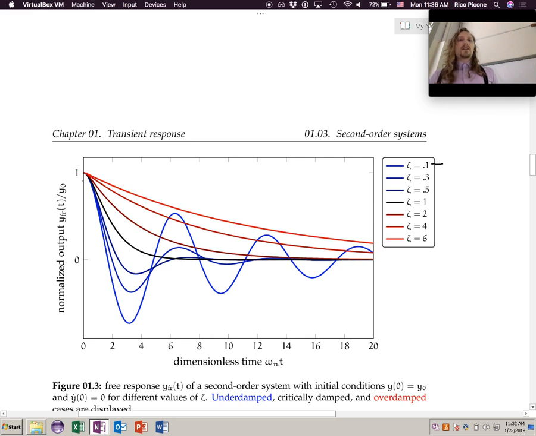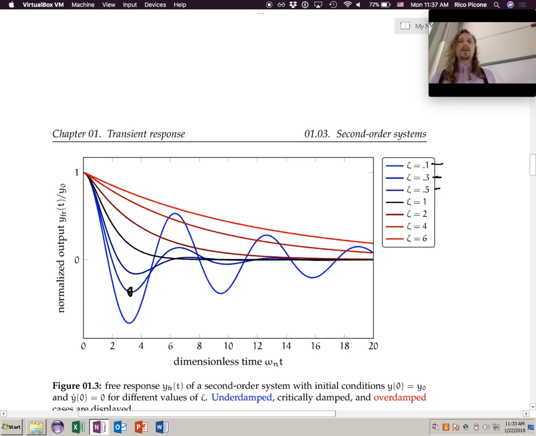It's going to try to return to equilibrium, but it's going to oscillate about equilibrium before it does. So we get this oscillation, and as we increase the damping, 0.3 is this curve, it's going to oscillate less and less.